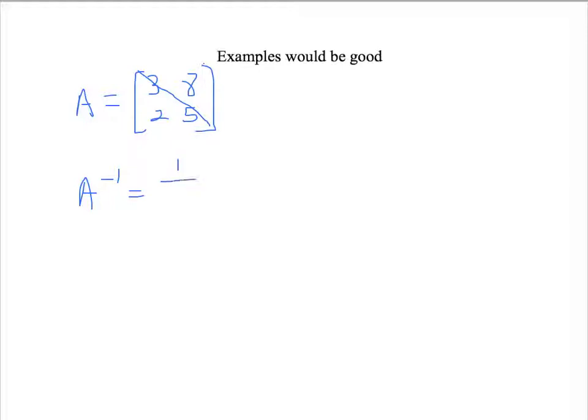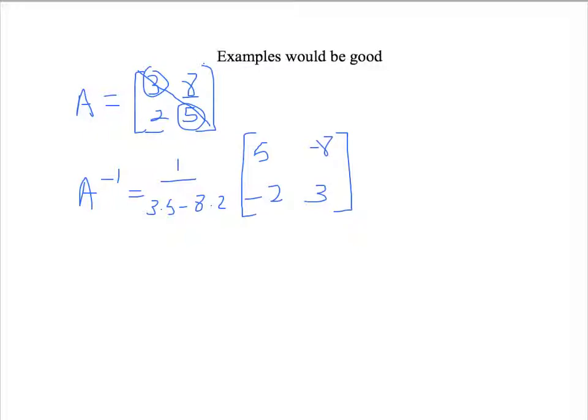So 1 over 3 times 5 minus 8 times 2. And I am going to multiply that by a matrix where I swap these two elements, 5, 3, and multiply these two by negative 1, or make them the opposite. So it's negative 2, negative 8.